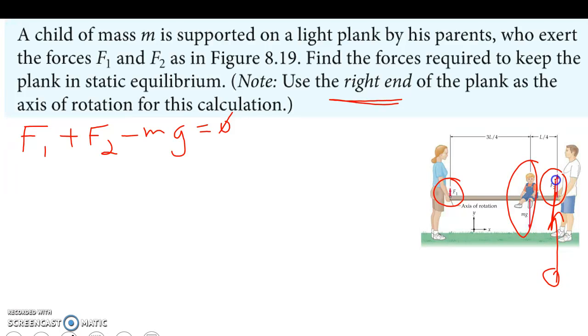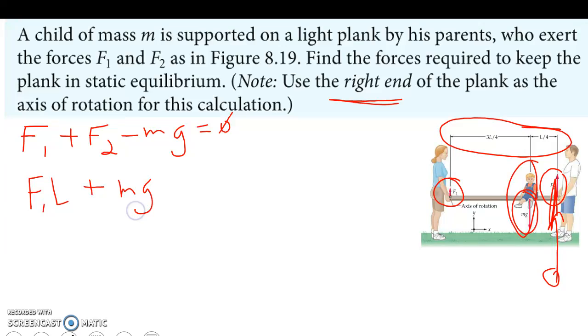Since this is our axis of rotation, we're going to make an equation just for force 1. We know that using torque, force 1 times L, which is this total length, plus mg times its length, which is 1/4 L, is also equal to 0, because net torque is 0.